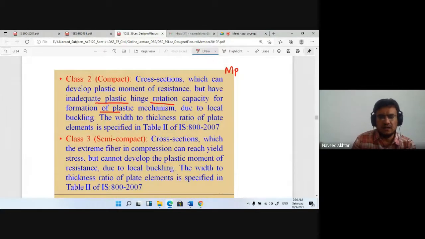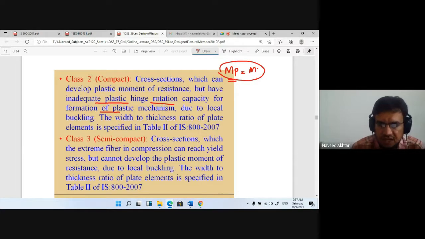The width to thickness ratio of the plate is specified in Table 2 of IS 800:2007 for this section, also. So if full capacity is not utilized for the plastic mechanism formation due to inadequate rotation capacity of that member, but M is equal to MP, reaching the plastic moment while the rotation capacity is inadequate, then that section is called a compact section.